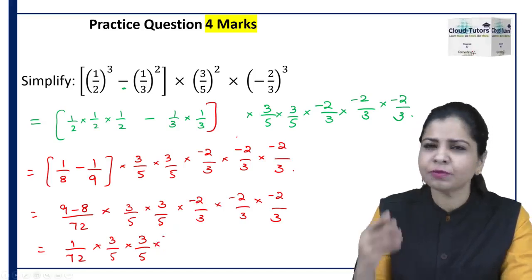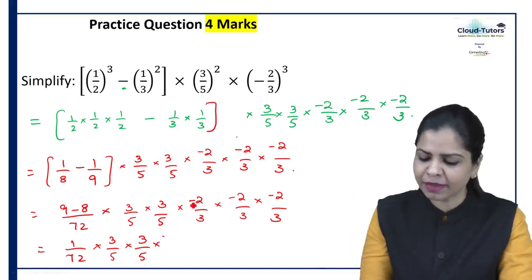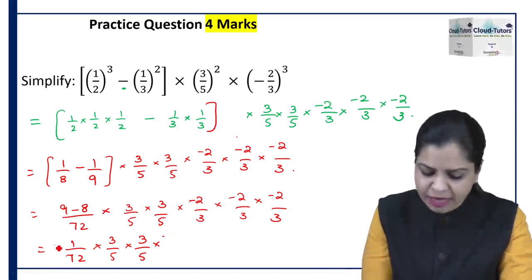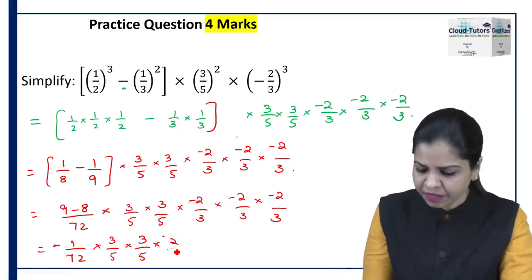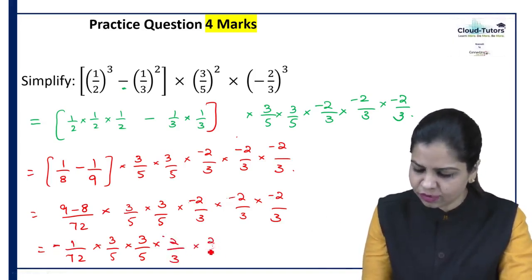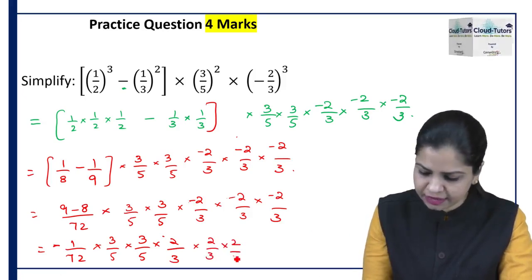Let's eliminate too many minus signs. Minus into minus is plus, plus into minus is minus, which I will write here. So 2 by 3 into 2 by 3 into 2 by 3.